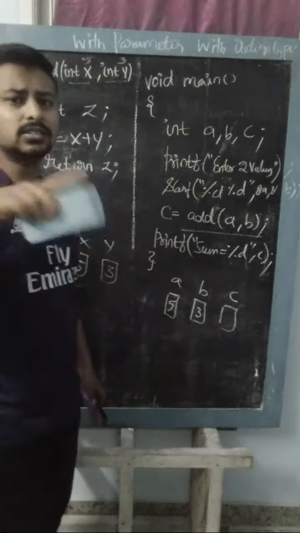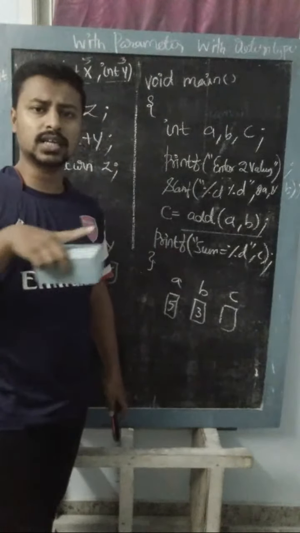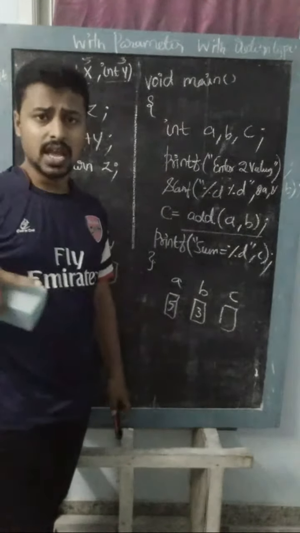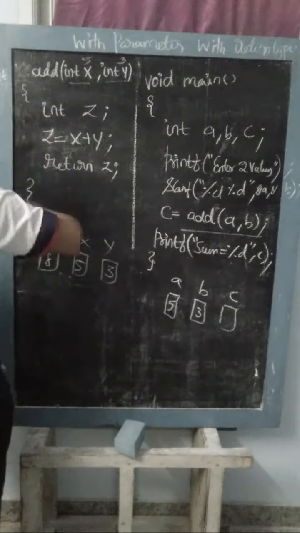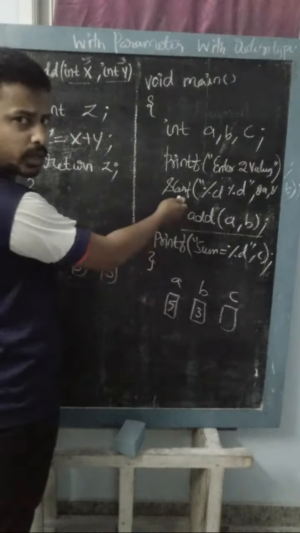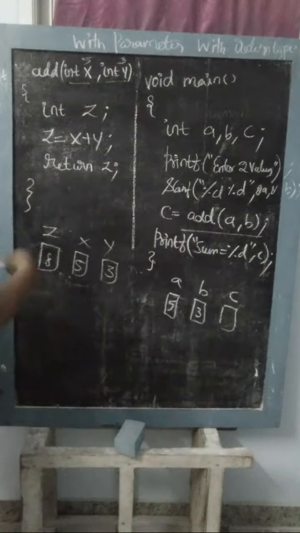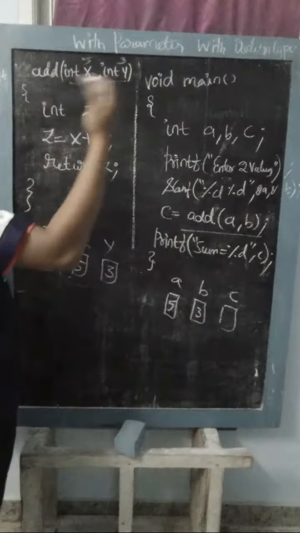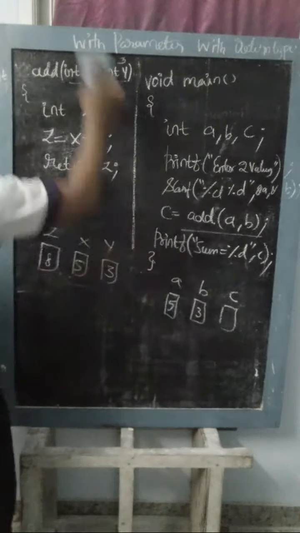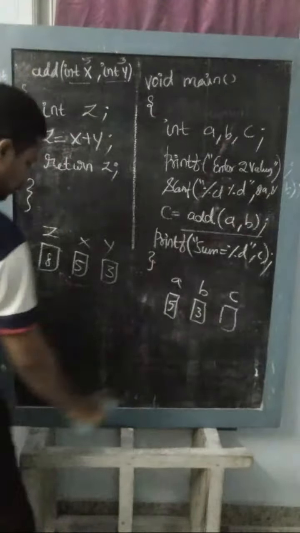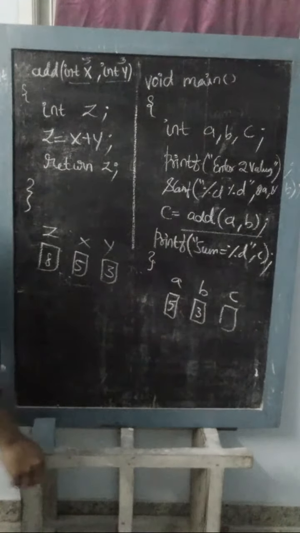We are writing hash include stdio.h and then hash include conio.h. After that you write this function, and then the main function. In between the header files and the function definition, you have to write a small, simple thing. That is called function declaration.